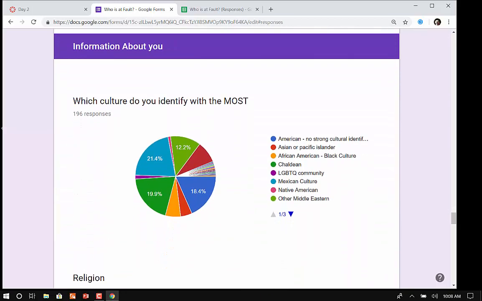Okay, so now this was the other part of the experiment that one of my students was working on as their final project, is that we broke them apart by culture to find out if different cultures change their responses differently. And we did find that Middle Eastern students, we took Chaldean and other Middle Eastern and combined them into one, found the bicyclist more at fault, the car less at fault overall.